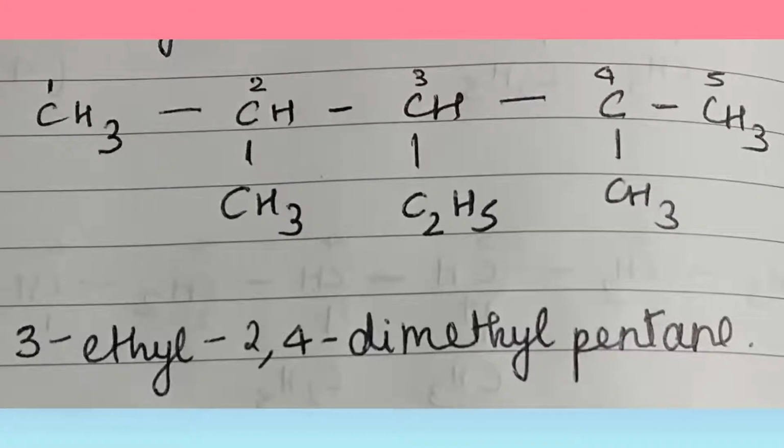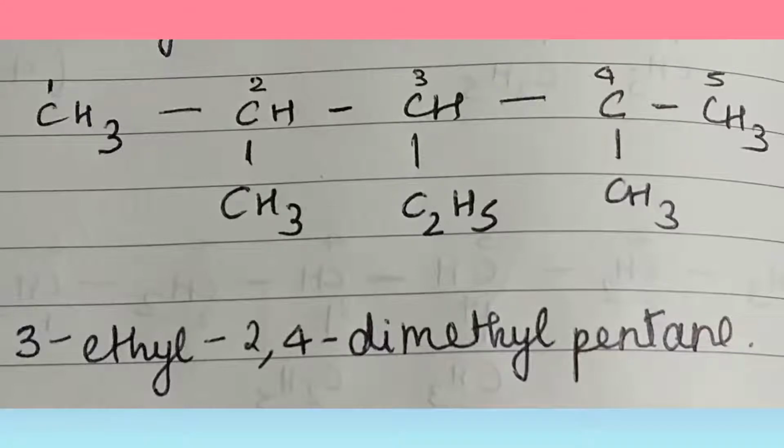There is a hyphen between any number and the alphabet whenever we are doing the naming. Now, for writing the name of these 2 methyl groups, we write 2,4-dimethyl pentane. Rather than just writing dimethylpentane, we have to mention both the locant numbers for the carbon atoms that have the methyl substituent on them.